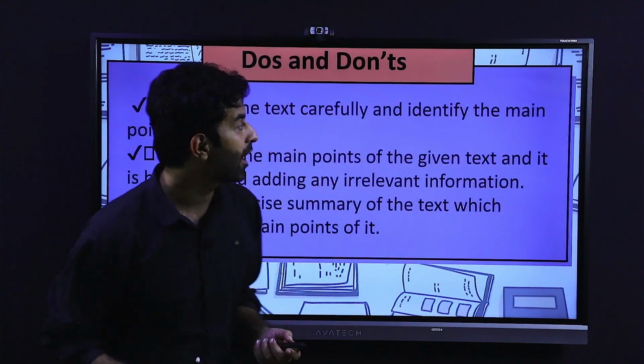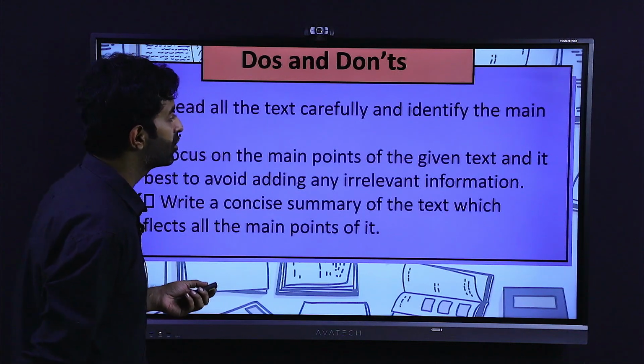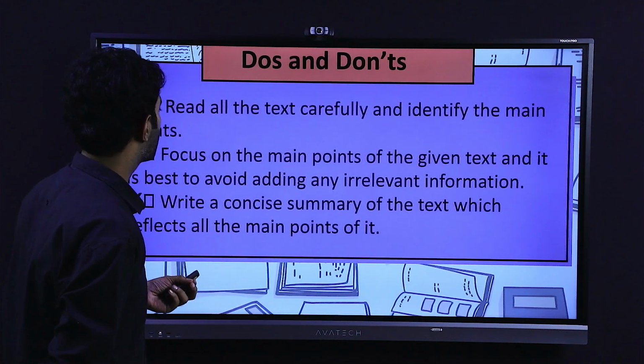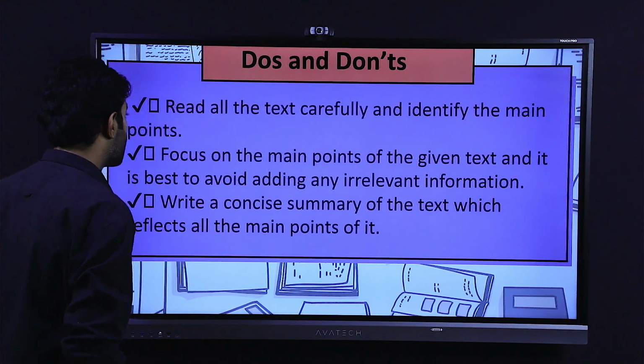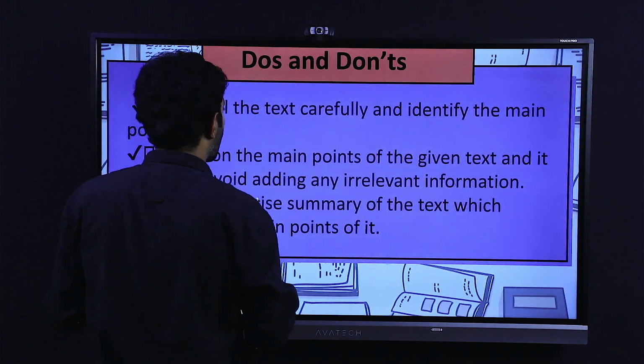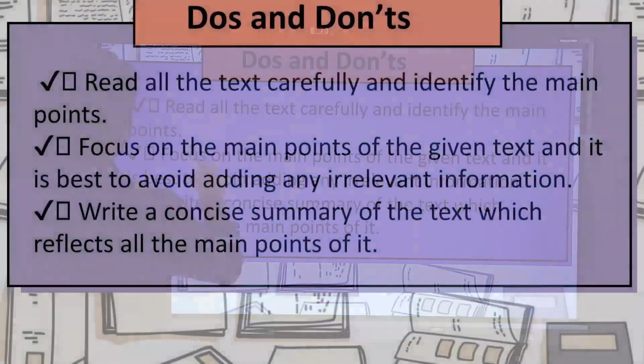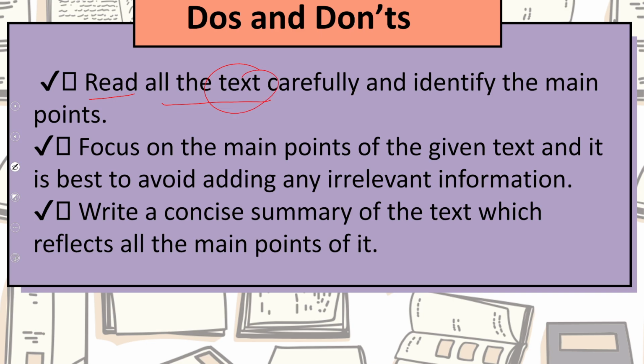Next up, we have some do's and don'ts that you need to consider when you're writing a Pressy. These are some do's. It means that you must follow these instructions. Read all the text carefully and identify the main points or the main idea. Now, we do not want to skip anything in the text. Next one, we focus on the main points of the given text, and it is best to avoid adding any irrelevant information.